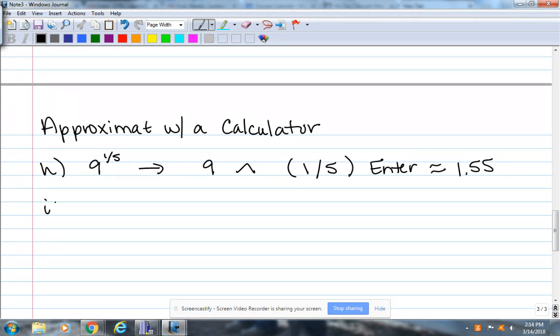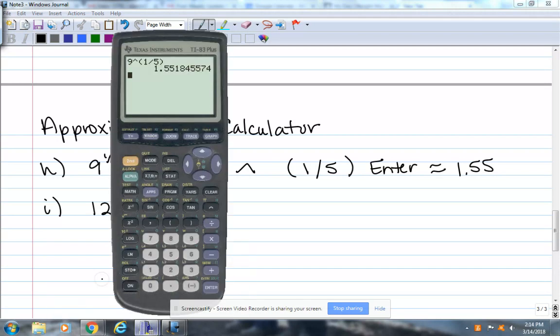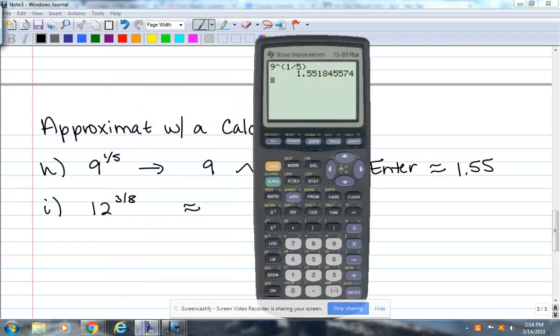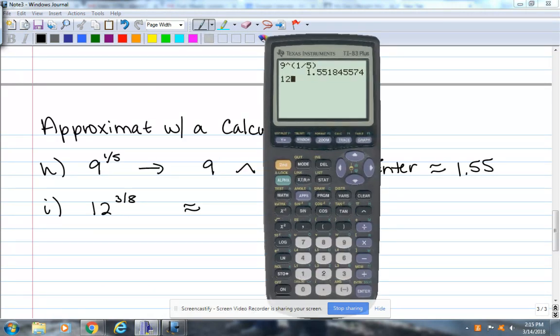Let's do another one. 12 to the 3/8 power. So you're going to hit 12, rooftop, parentheses, 3/8. Right?